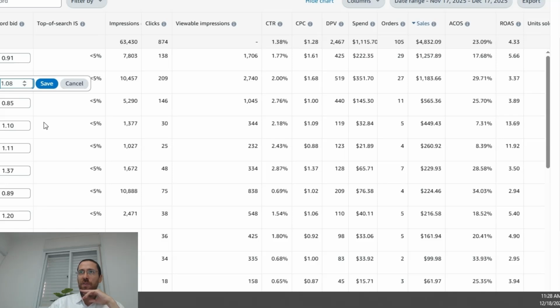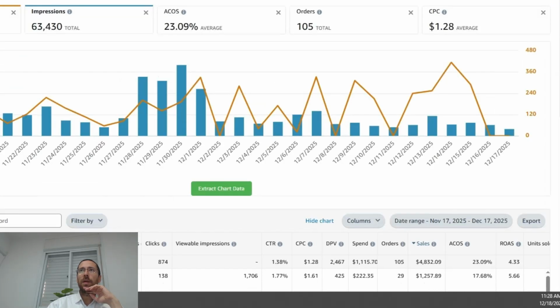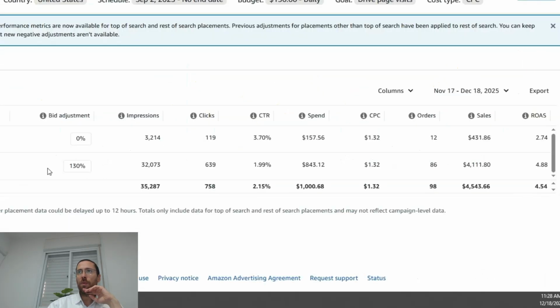I would need to cut off 55 cents. Suppose I cut off 50 cents. So we'll call it 0.63. Okay, so that's a little bit over the 50% mark. And then in my bids, as I was showing you before, I made a rest of search adjustment to 130%.